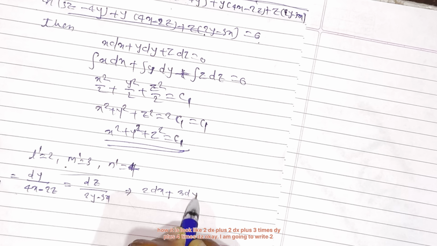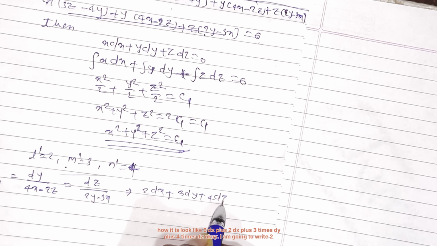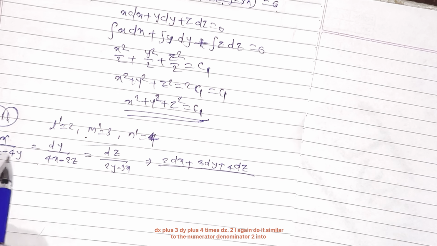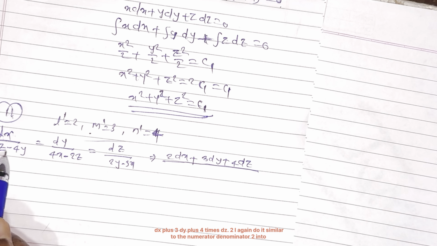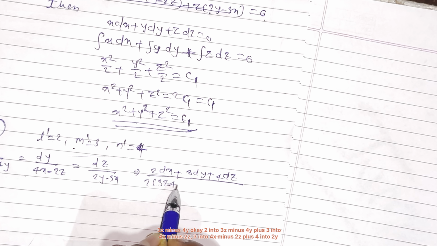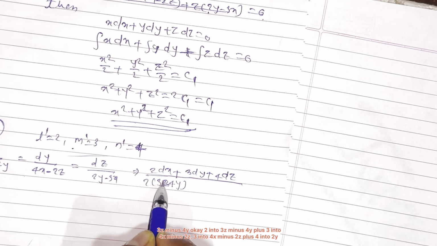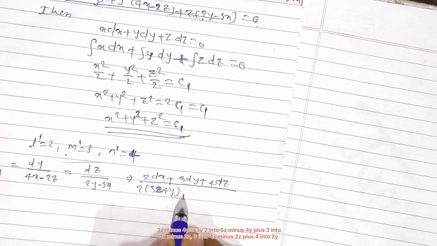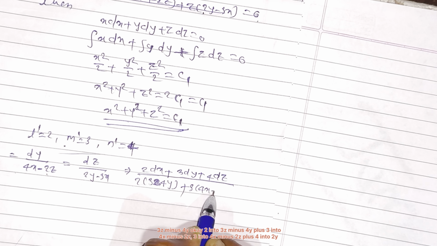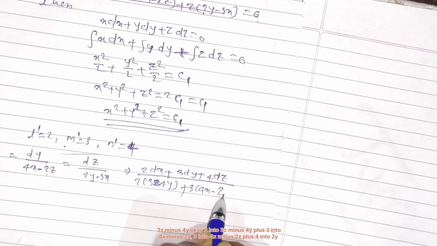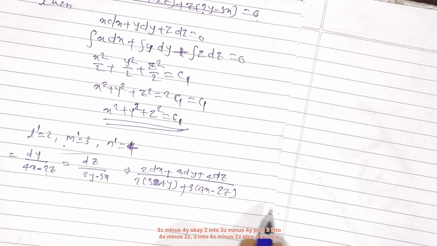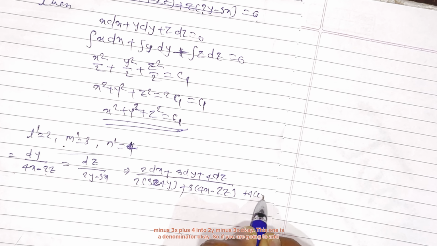I'm going to write 2 dx plus 3 dy plus 4 times dz, upon, doing it similarly for the denominator, 2 into 3z minus 4y plus 3 into 4x minus 2z plus 4 into 2y minus 3x.